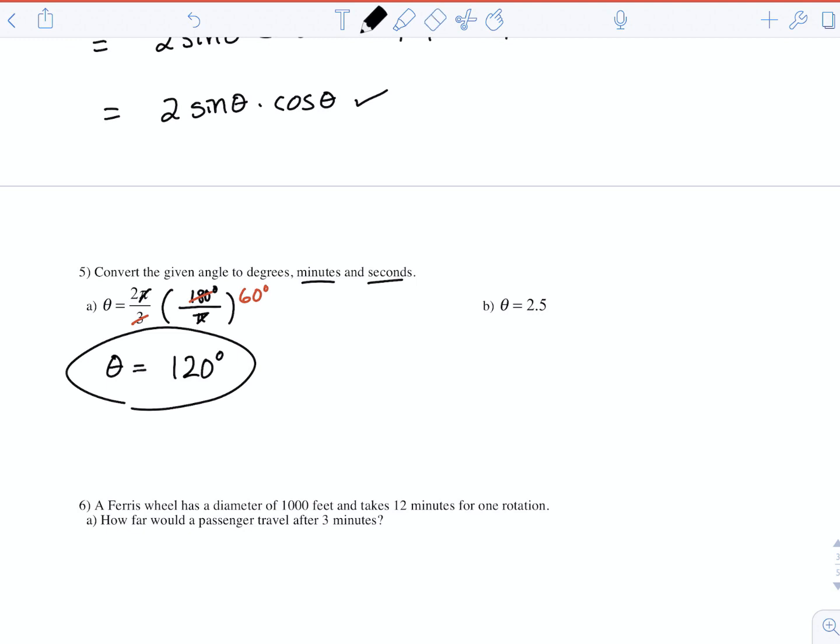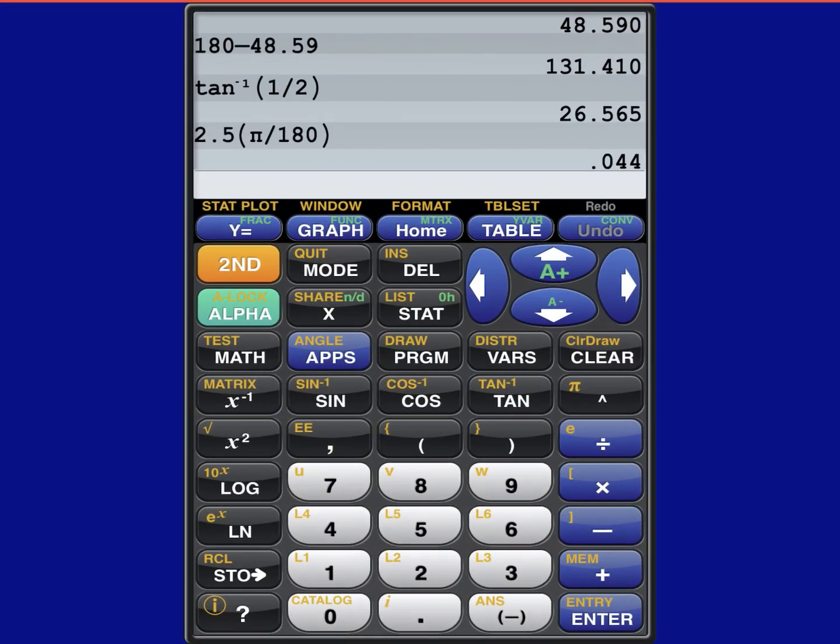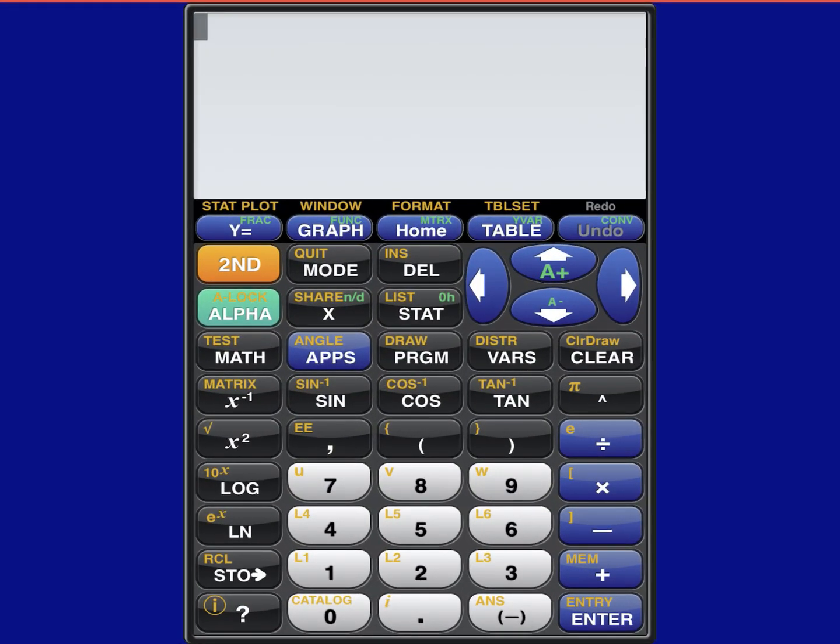So that means we do it like the last one, multiply with 180 degrees over pi, and then just type that into a calculator and see what type of decimal answer we get. So it's a 2.5, and then it was 180 divided by pi.